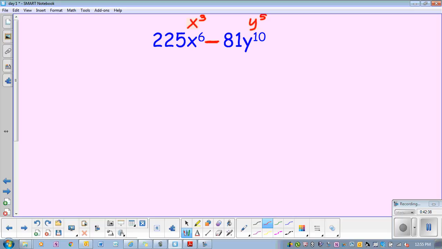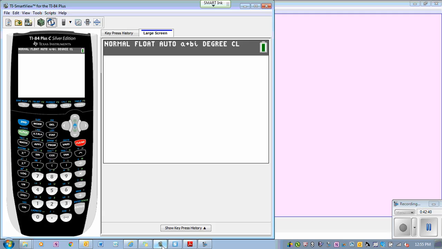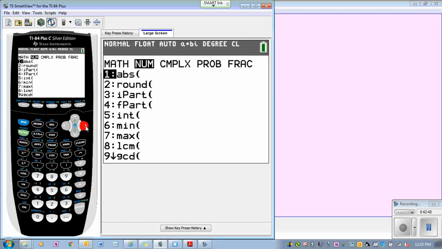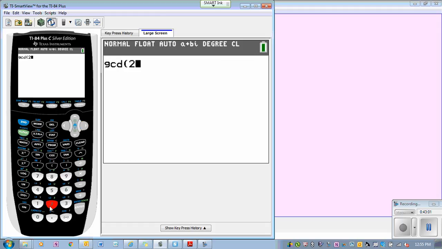Do you guys know how to check? You can go to your calculator, go to math. You could just divide 225 divided by 9. Well, that works most of the time. I just want to make sure that that is the biggest one. If I go to math, number, into this thing called GCD, put in 225, comma, 81.